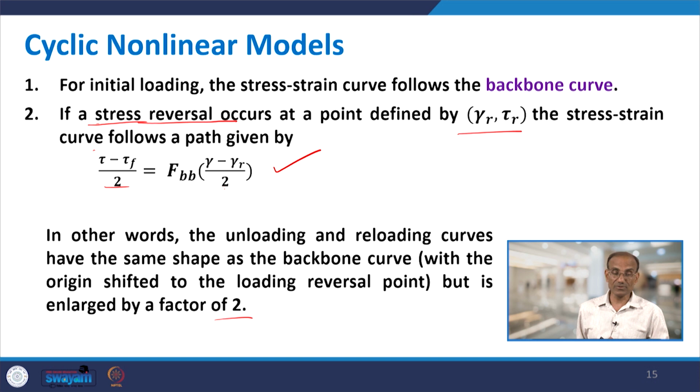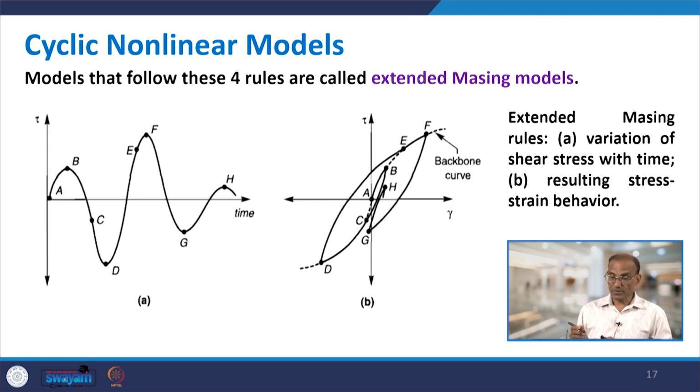That means you will use the coordinates of point B, gamma r and tau r, and the other backbone curve goes from B to C. C is the point where this second backbone curve intersects the first backbone curve. In this case it is not a peak point. At this point C, again the path will be changed.